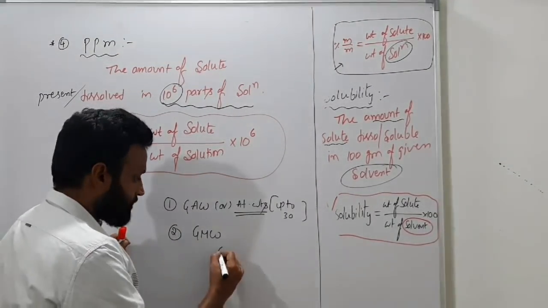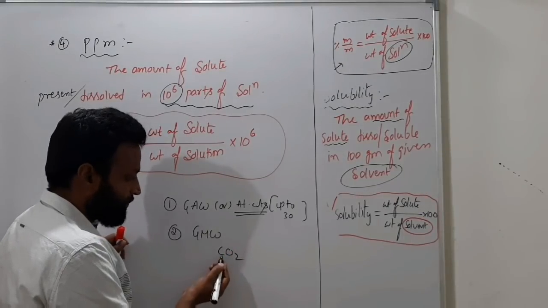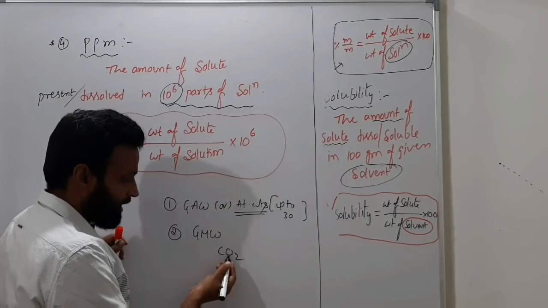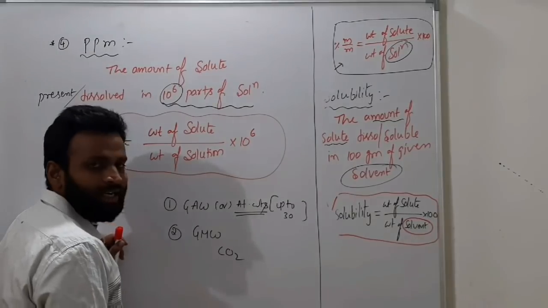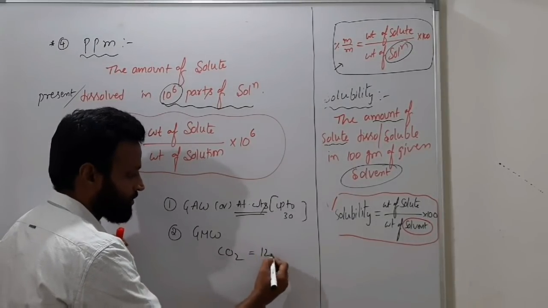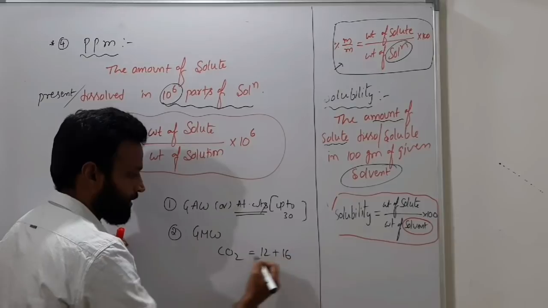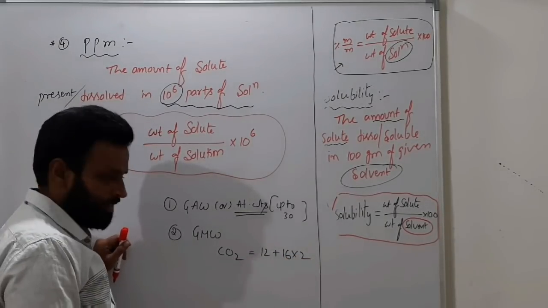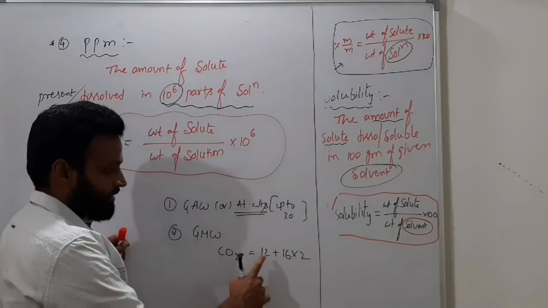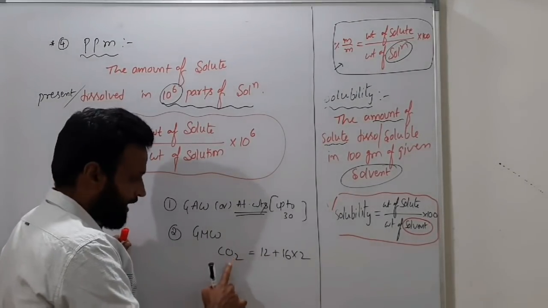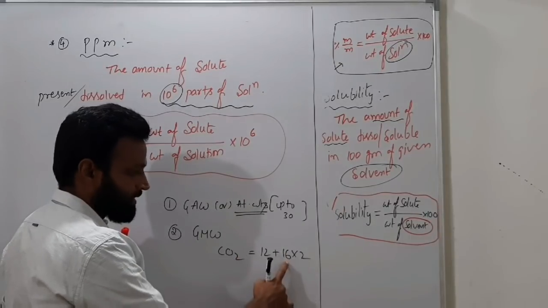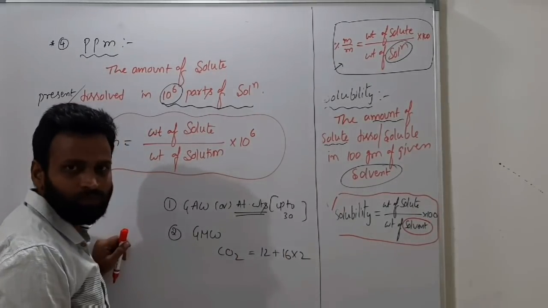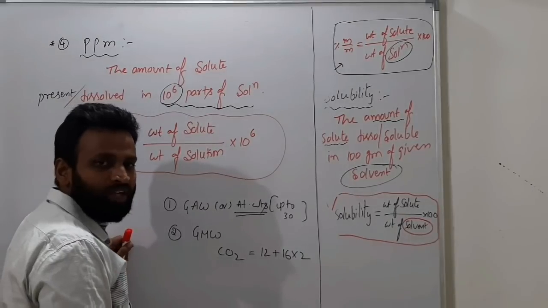Carbon atomic weight is 12 and oxygen is 16, but 2 oxygens are there, so multiply with 2. One oxygen is 16, 2 oxygens means 32. A few people may feel bored because they already learned. I'm talking about the new students.